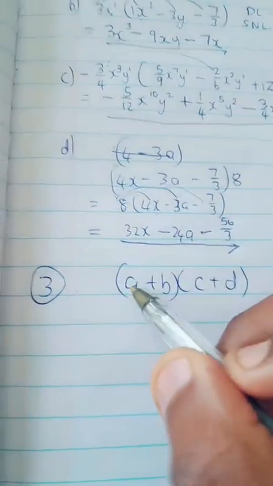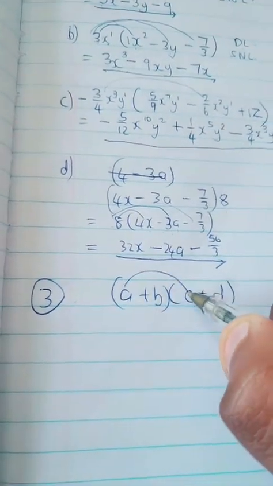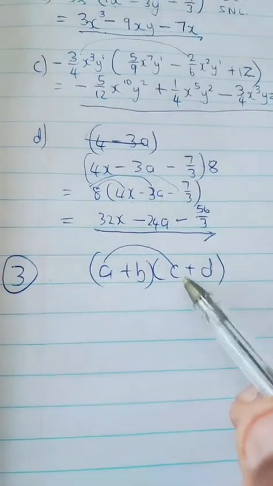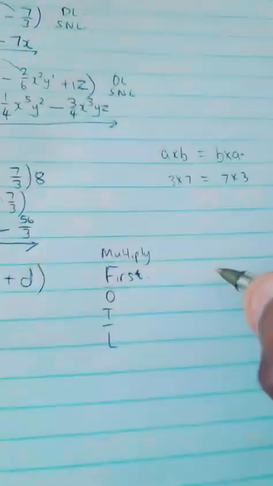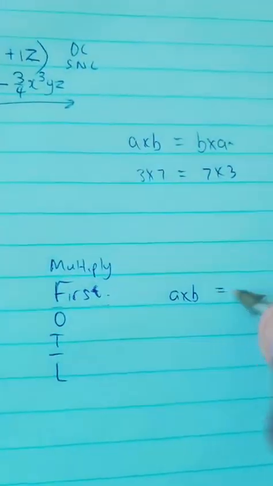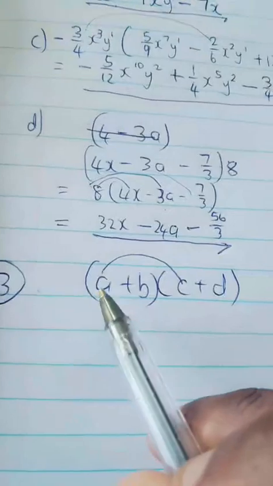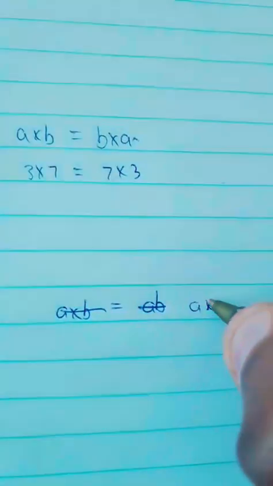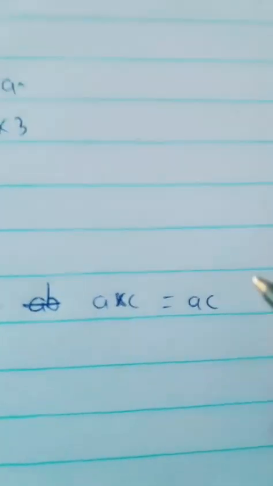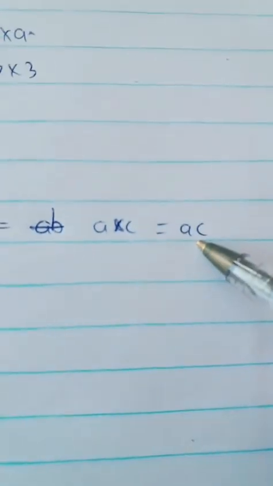In other words, a times c. These are the first terms in each bracket. We multiply the first terms first. So this is a times c. When letters are different, we simply do what? When we multiply, we combine the letters together.